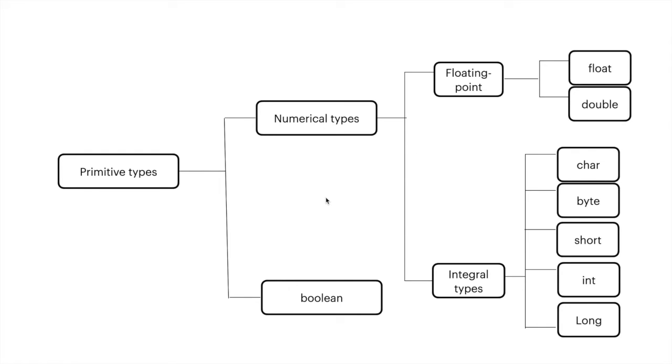And in summary, the primitive data types are divided into two, Boolean and numerical types. As we have discussed, Boolean has two data values, true or false, and numerical types have two types, floating point and integral types. When we say floating point, these are numbers with fractions or decimal points, and they include float data type and double data type.